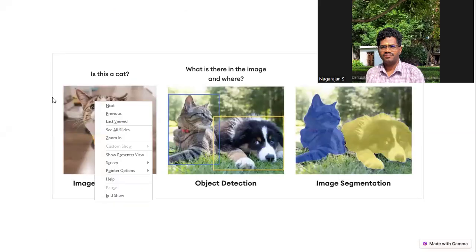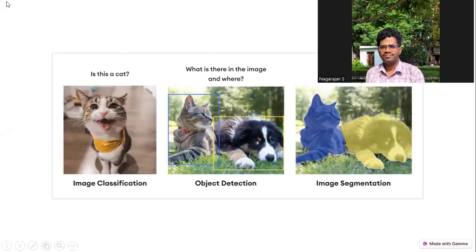This is a very important thing if you are a beginner in digital image processing and deep learning. First, we are going to see some information about image classification. Is it a cat? We can answer by seeing the image; that is image classification.